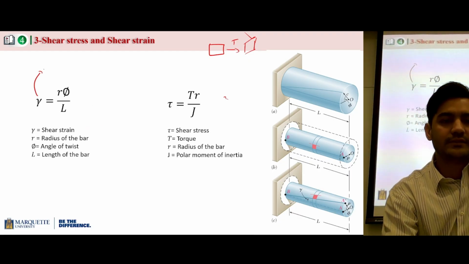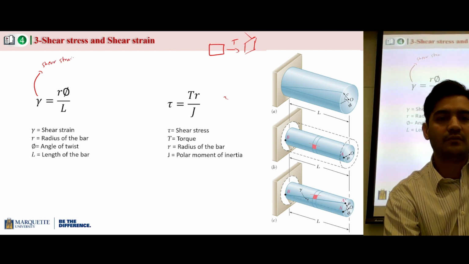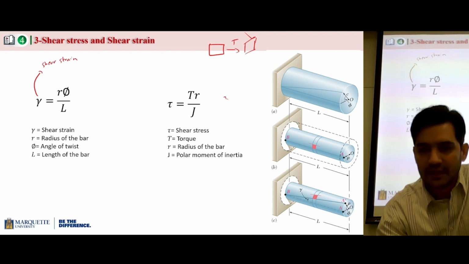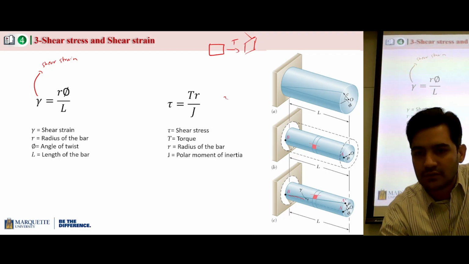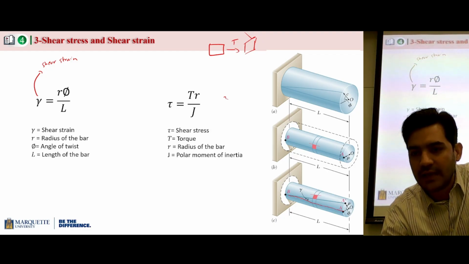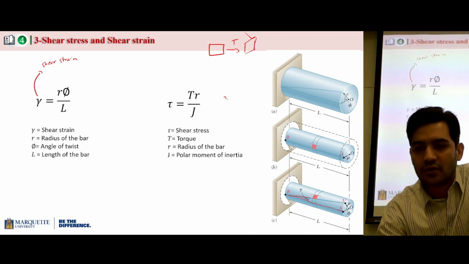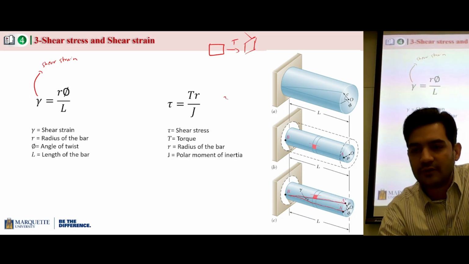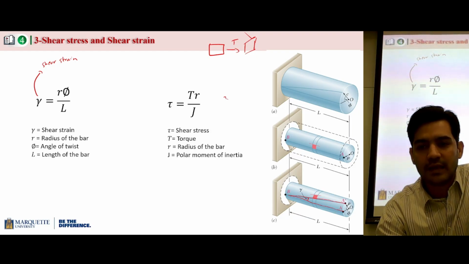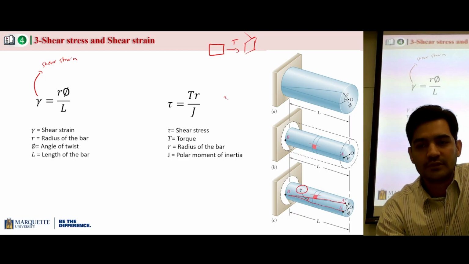So this is shear strain, which is this value. We had a straight line, and when we applied torque, the line moved to a different location, and this angle is called shear strain.